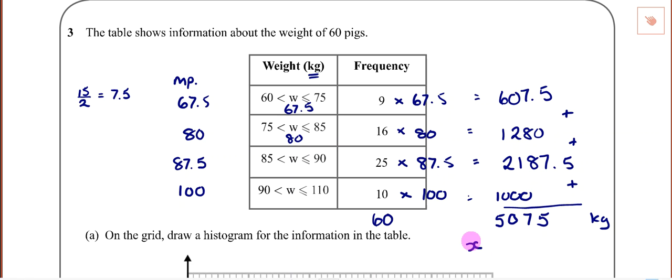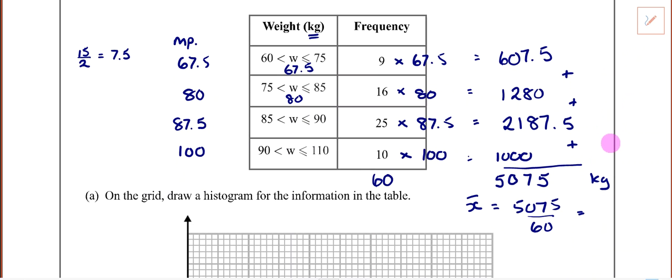So X bar I'm going to use, we do 5,075 divided by the number of pigs, and we get... can't be 1,000. The biggest pig was 110.